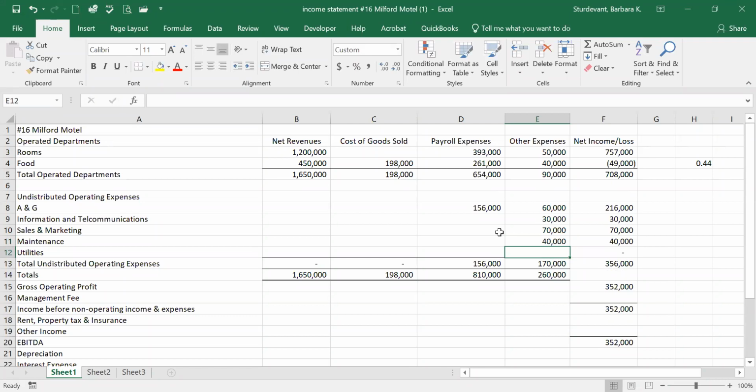All right, what about utilities? 50,000, I believe. Okay, 50,000 for heat, light, and power, and 20,000 for water. So the two of those added together. Heat, light, power, water, those are the things you want to look for.